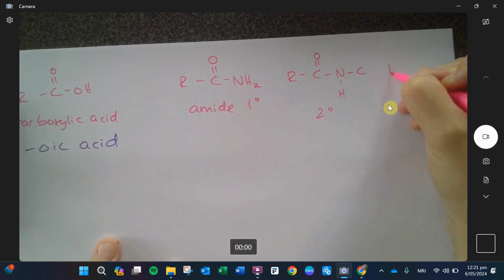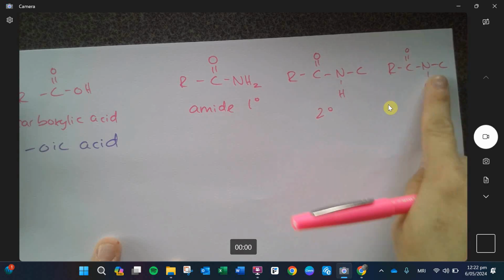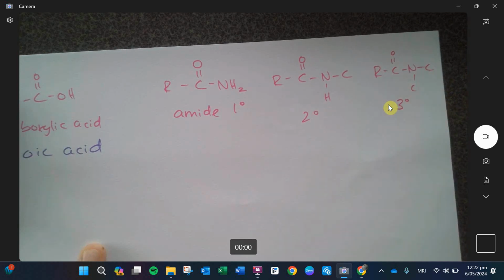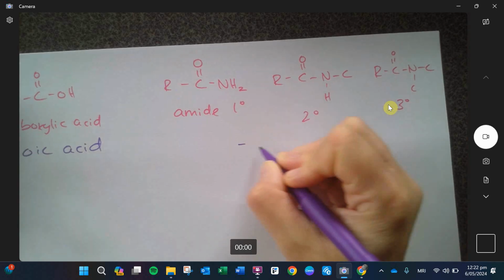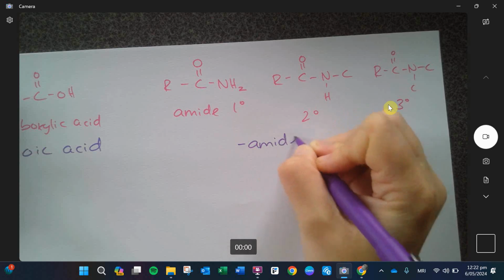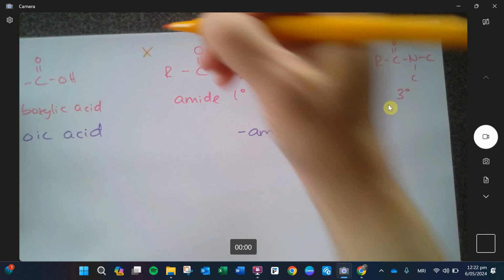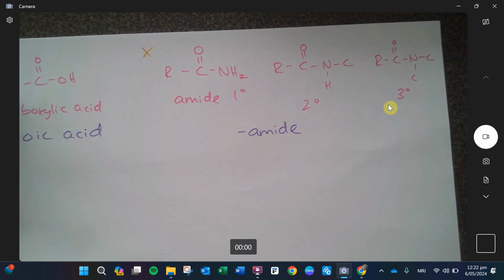And then if you have it that this nitrogen is attached to 3 carbons, that's a tertiary. So just something to keep a heads up on, that it does change primary, secondary, and tertiary. Don't worry about naming these guys just yet, because I'll talk about it after we do our spec topic. But just as a note for the naming, it'd be amide, like that. And in this case, you don't need to specify number, because it's going to get a little bit complicated. We good? I'm tossing a lot at you, I know that.